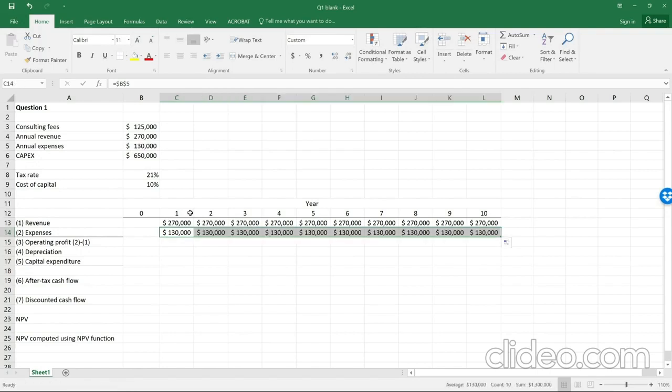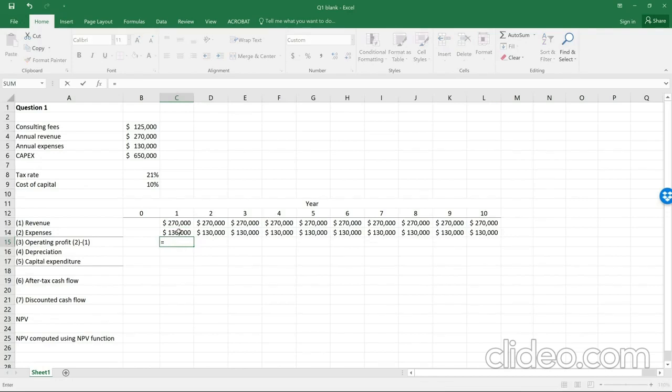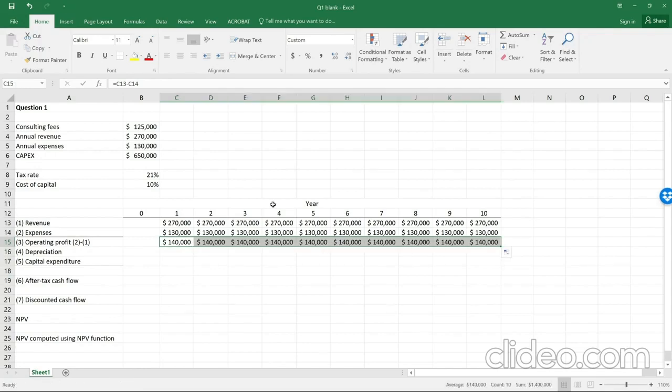Now, knowing revenue and expenses, we can compute operating profit, which equals the difference between revenue and expenses. So every year from year 1 through year 10, operating profit equals $140,000.